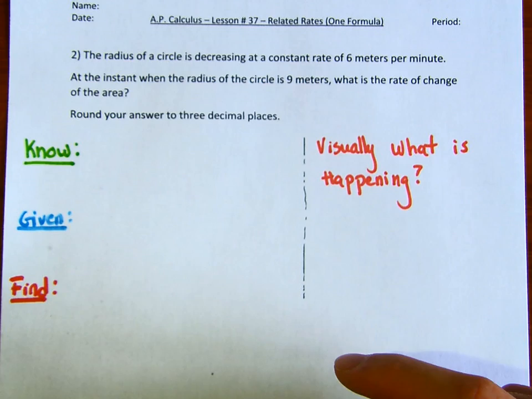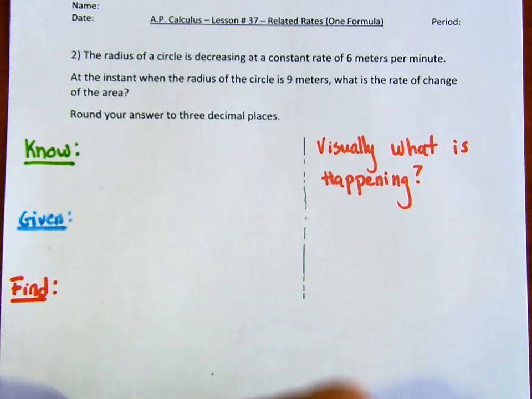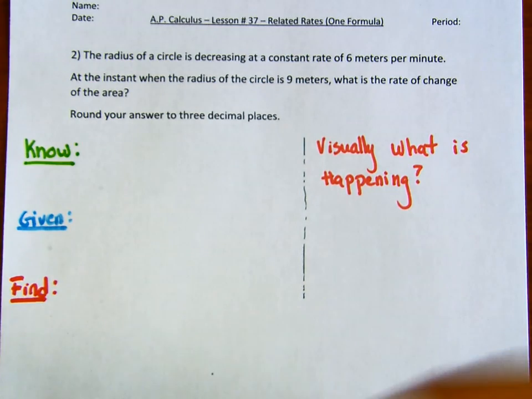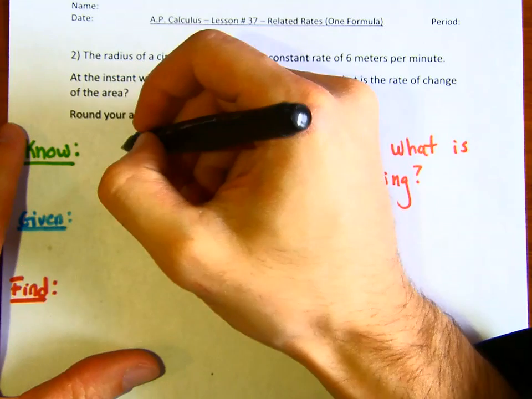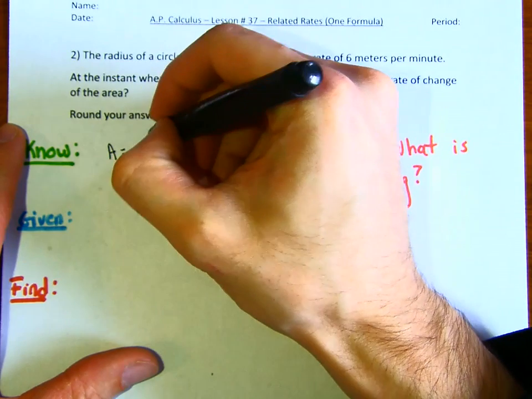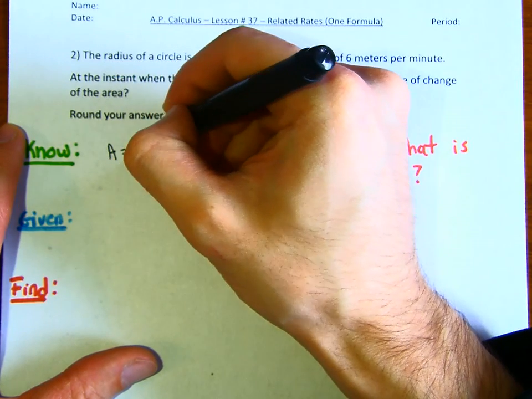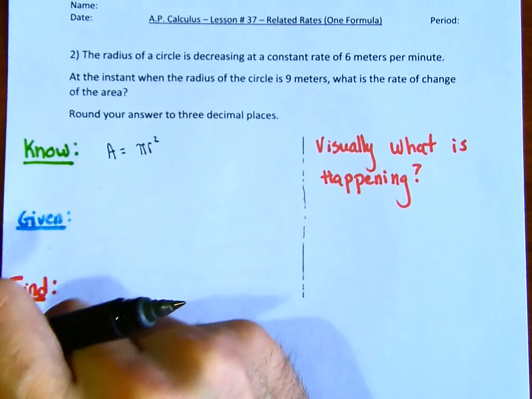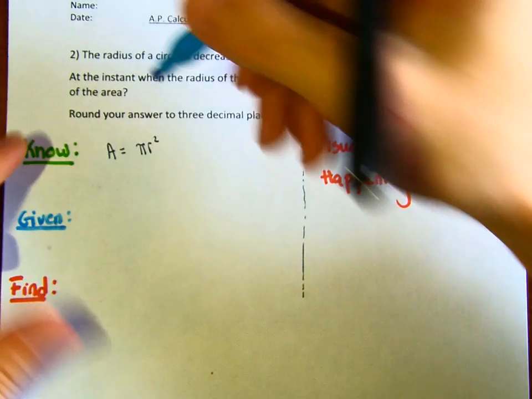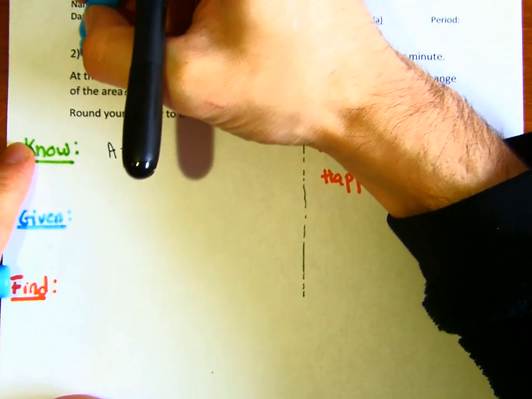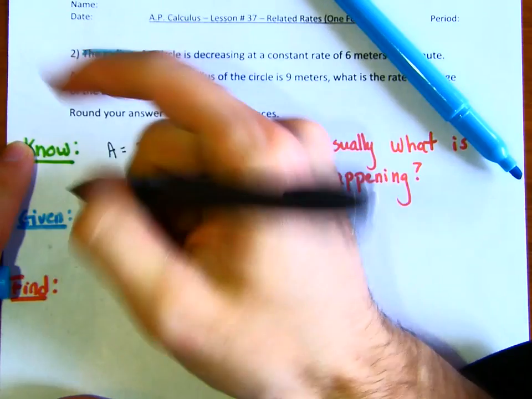It's saying the radius of a circle. What do you know? We know that the area of a circle is equal to pi r squared. What are you given? Let's look at the first sentence. The second you see the word radius, let's think of r.